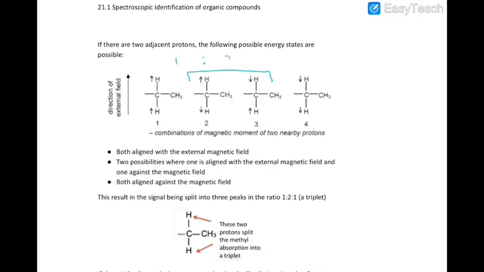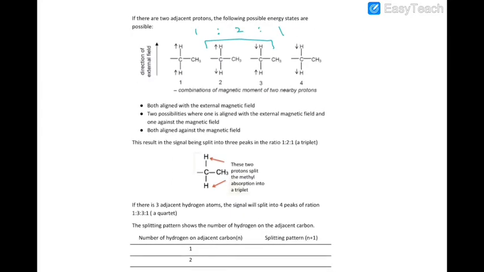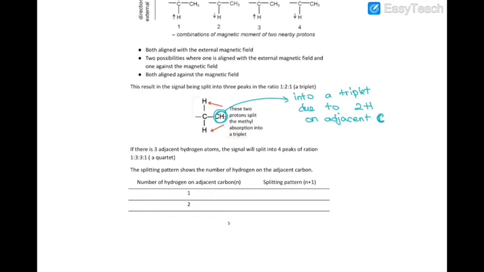So you can have chances in the ratio 1:2:1. So this is going to cause the peak due to the CH3 in this case to split into a triplet due to the 2 hydrogens on the adjacent carbon. If there's 3 adjacent hydrogens, then you're going to have 4 peaks in the ratio of 1:3:3:1. It's called a quartet.